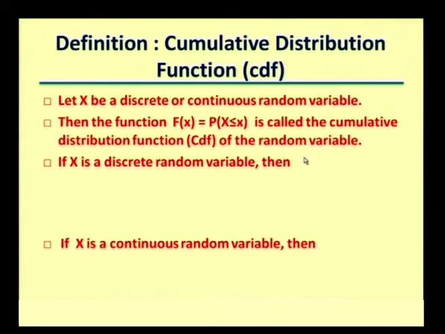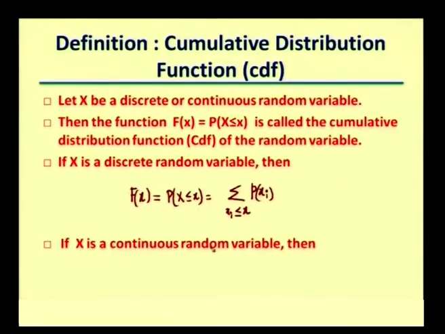If x is a discrete random variable, then we define the cumulative distribution function, CDF, as f of x is equal to P of X less than or equal to x. Since it is a summation, we use the summation sign, where xi takes all the values less than or equal to this particular number x, of P of xi. So for discrete random variable, you use the summation because it is discrete, countable and sometimes finite.